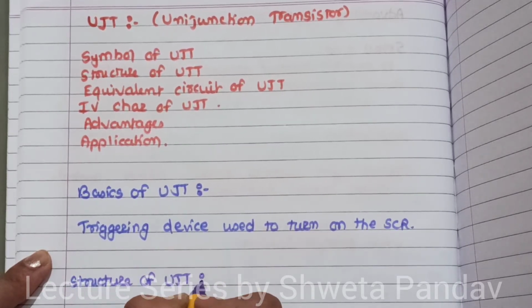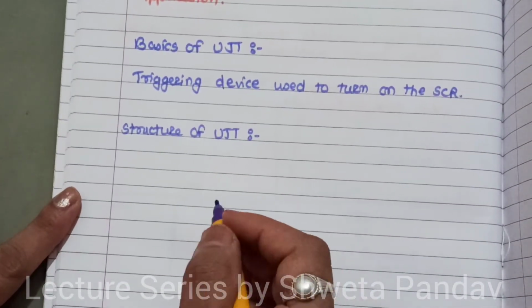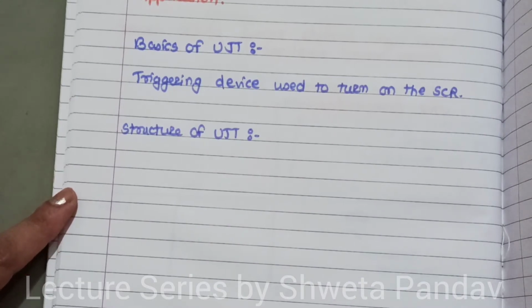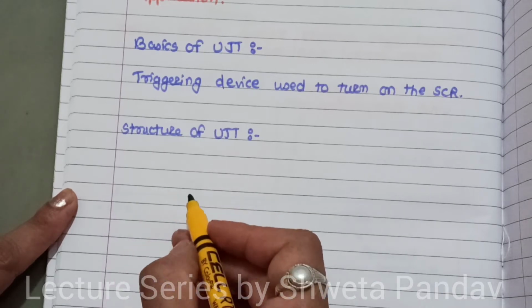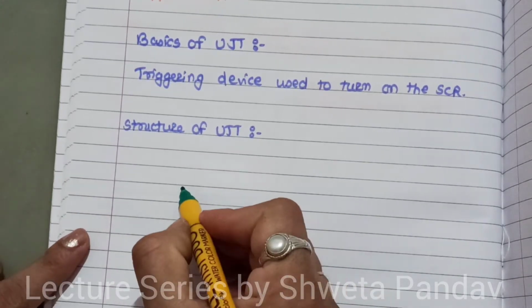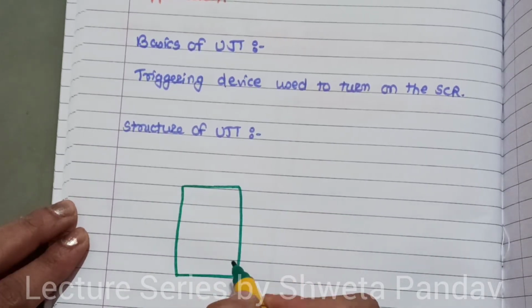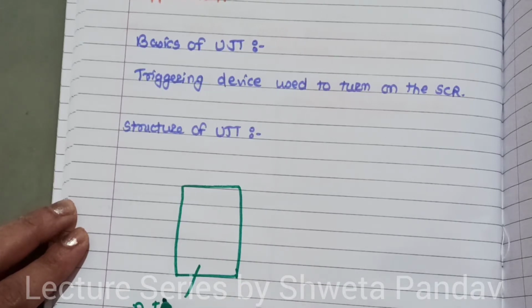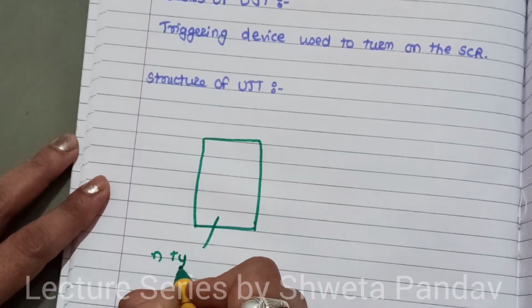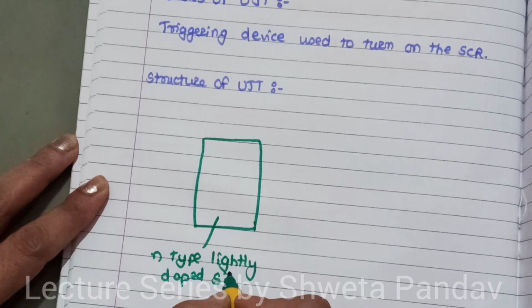Structure of UJT. Basically, it has an N-type lightly doped silicon slab.